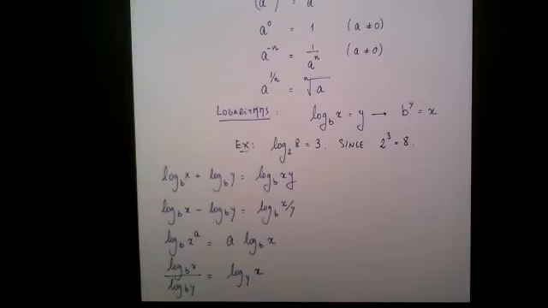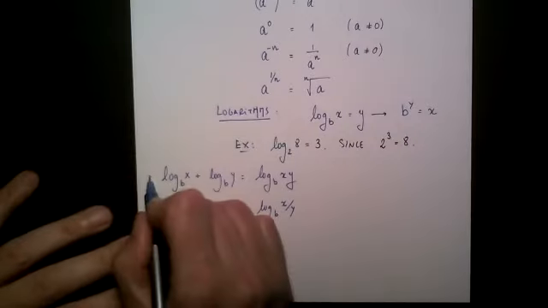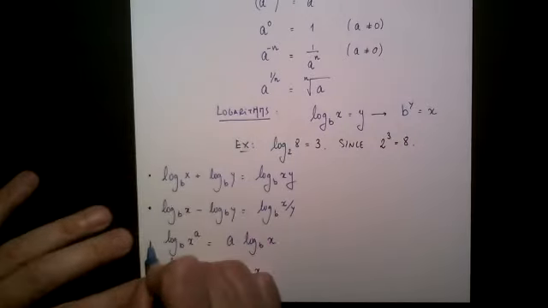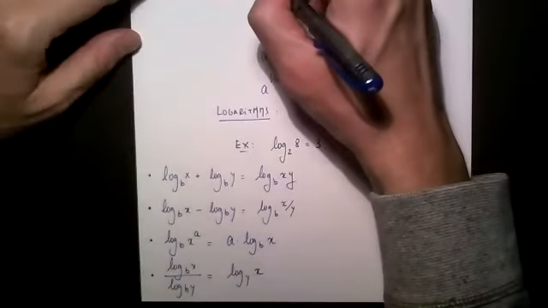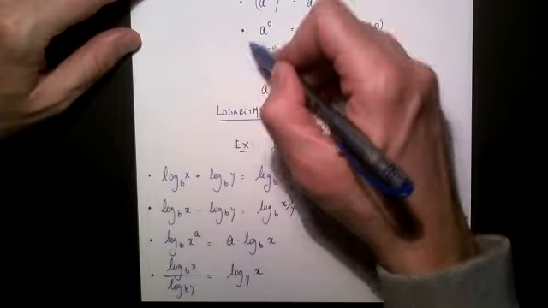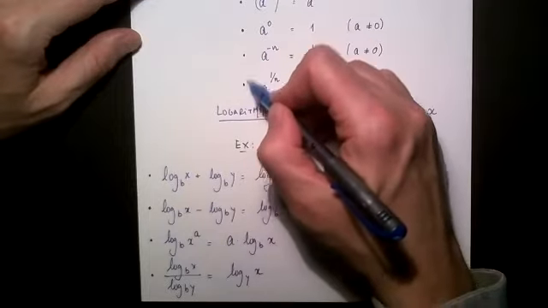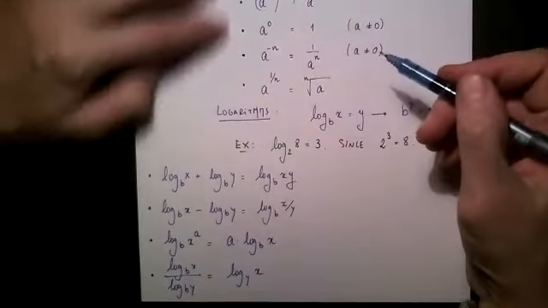So these are the 4 properties of logs. Okay, 1, 2, 3, 4. And these are all the properties of the exponents, 3, 4, 5, 6 of them. Of course, there's more, but you could probably deduce them from here.